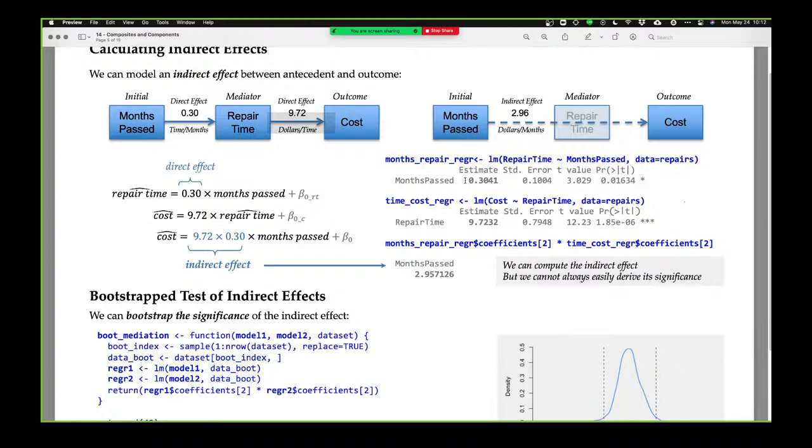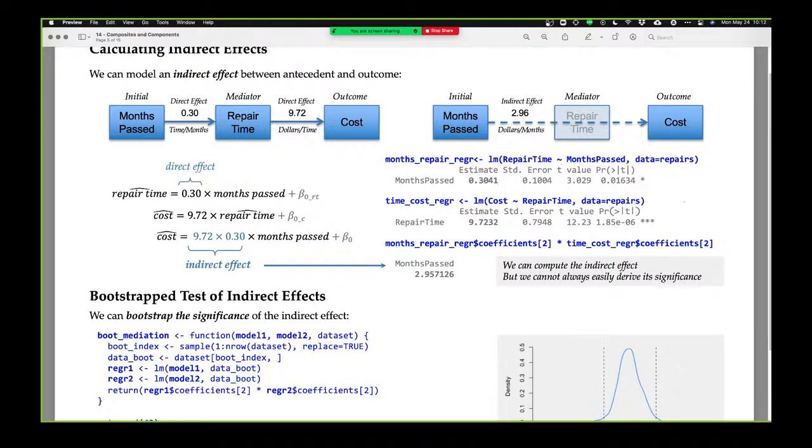And so what we are getting here is a coefficient 0.30 between months past and repair time, and a coefficient here between repair time and cost. Notice also that they have different units. This coefficient, its units are time over months, right?